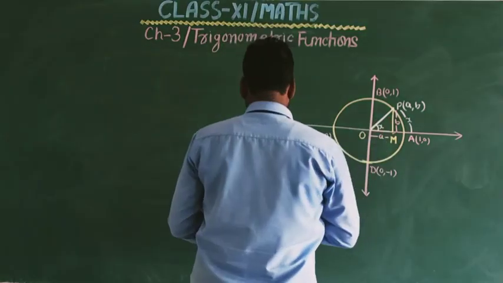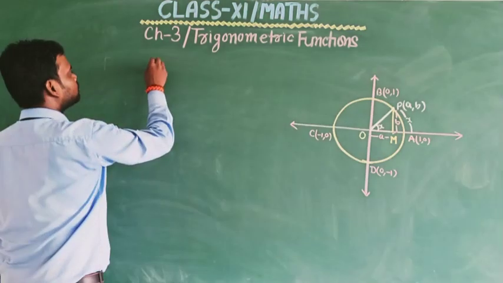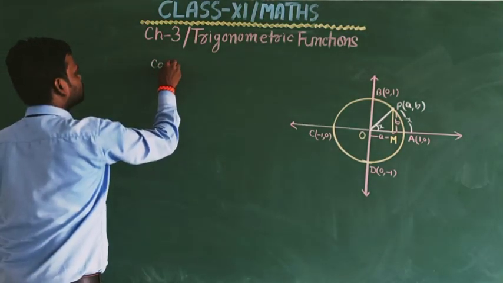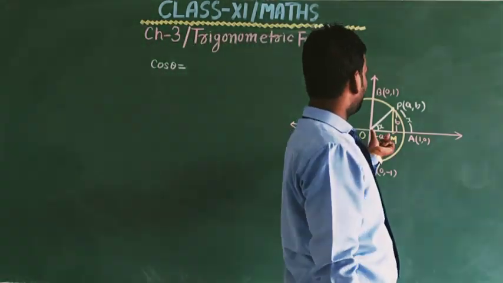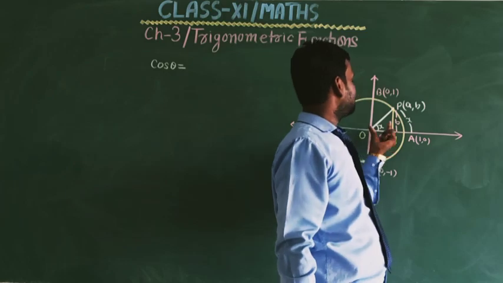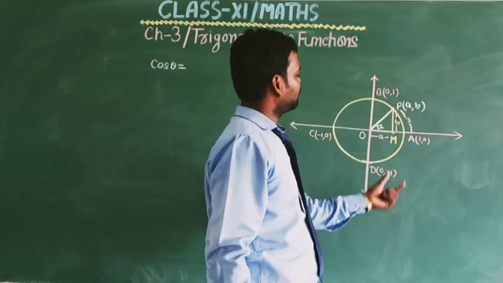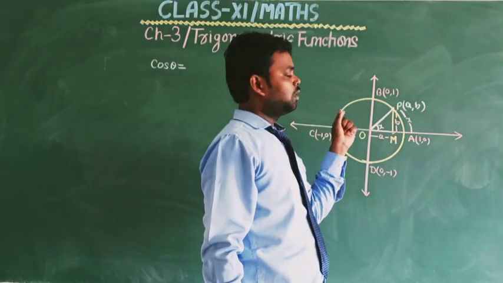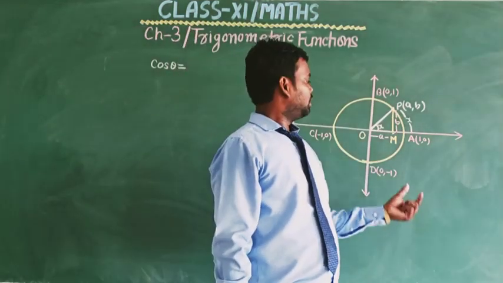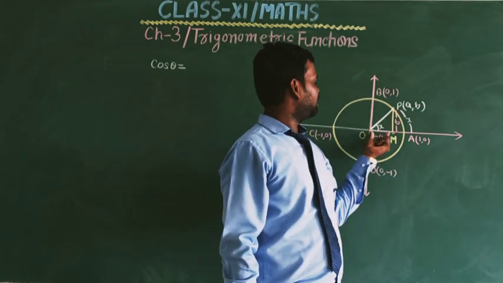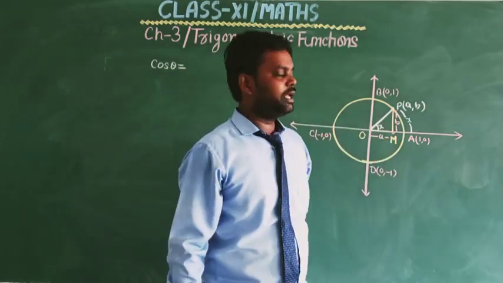So here cos theta equals the projection on the x-axis upon the length of the radius. In another way, this is a right angle triangle, so this side is the base and this is the hypotenuse.